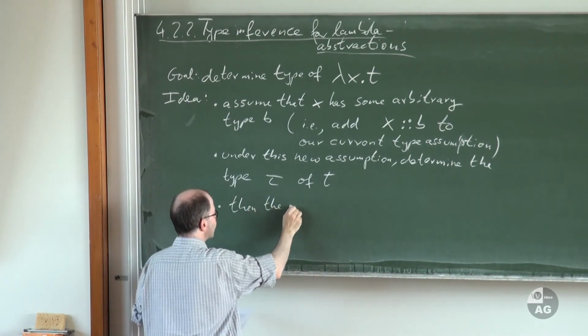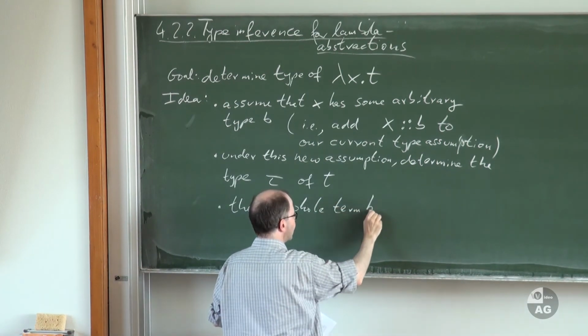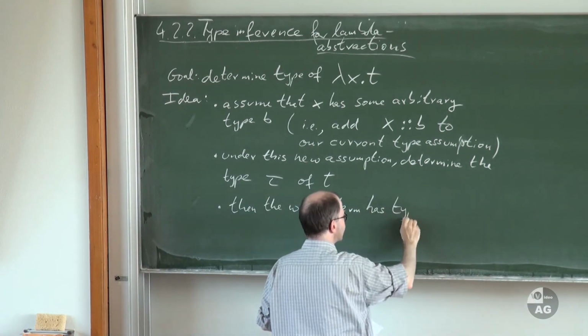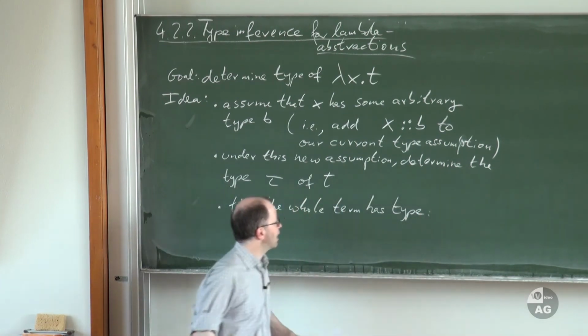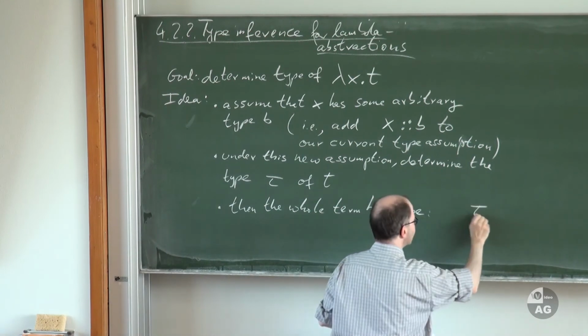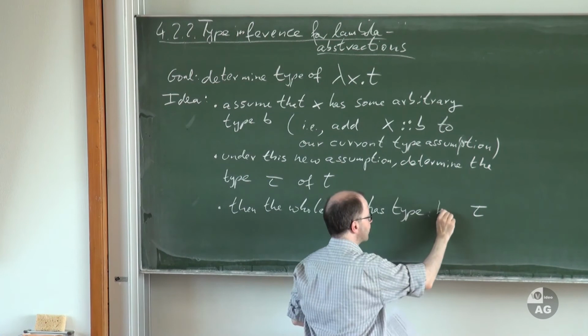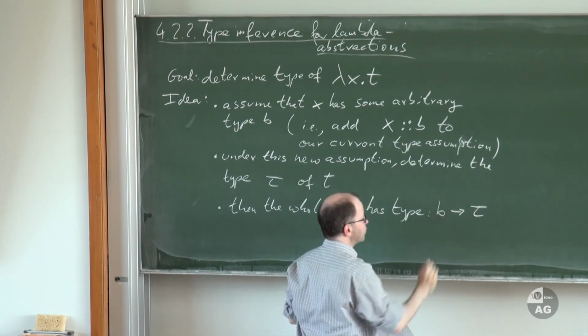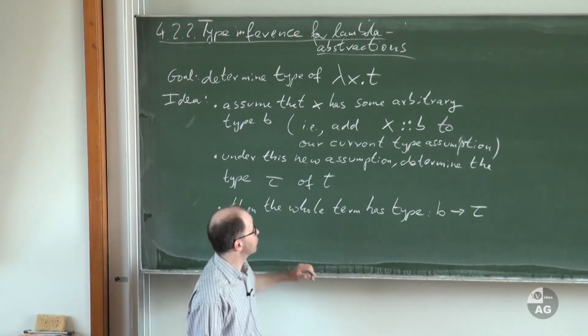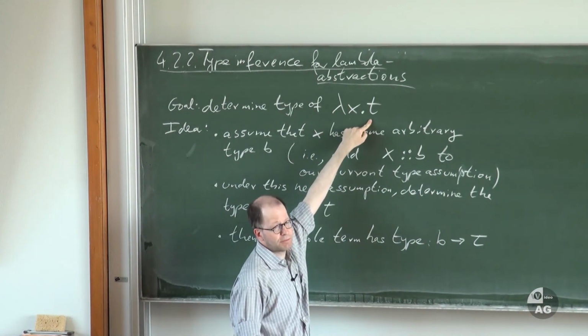And if we did that, then we know what the type of the whole term is. Then the whole term has the following type. Well, what's the type of the whole term? If t has the type tau and x has the type B, then the whole term has the type, it's a function from B to tau, because it maps arguments of type B to results of type tau.